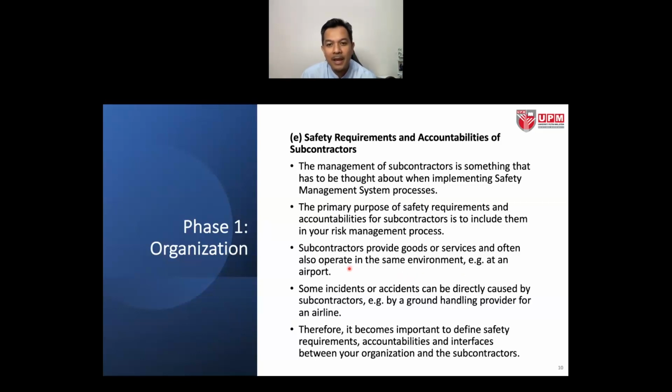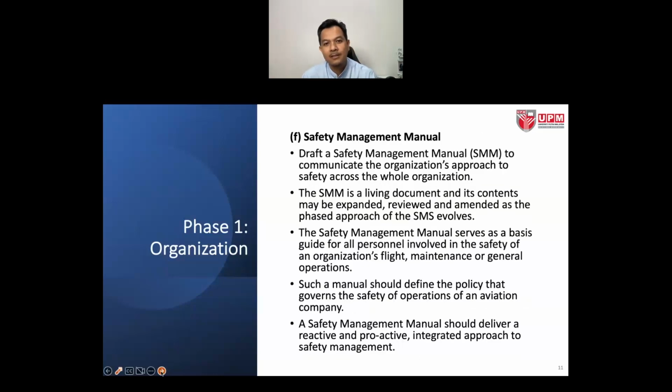That means that they have to be included in the risk management process. Some incidents or accidents can be directly caused by the subcontractors themselves, for example, by a ground handling provider for an airline because of human errors and so on, right? So therefore, it becomes important to define the safety requirements, accountabilities, and interfaces between your organization and the subcontractors, right?